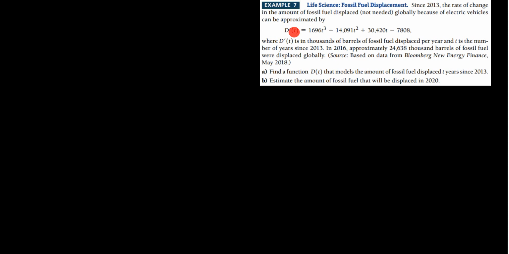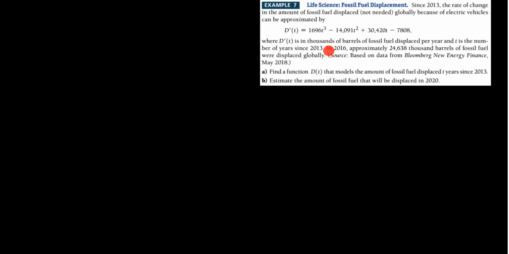If we wanted to know how many barrels were displaced in 2013, we'd put a 0 for t, since 2013 is 0 years after 2013, and we would only displace 7808.